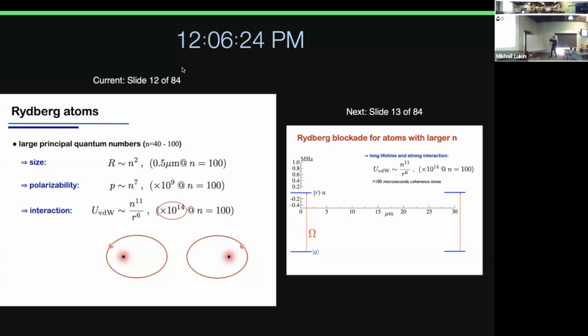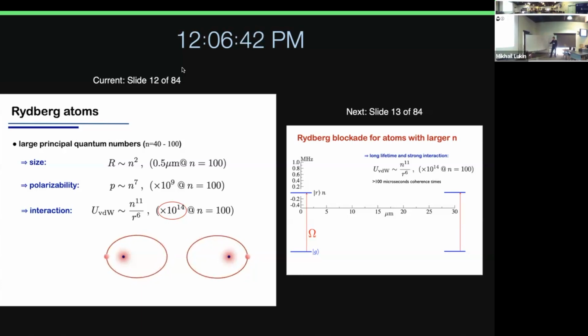If you have two atoms with an anharmonic spectrum of Rydberg states, suppose you have two atoms in an S state.